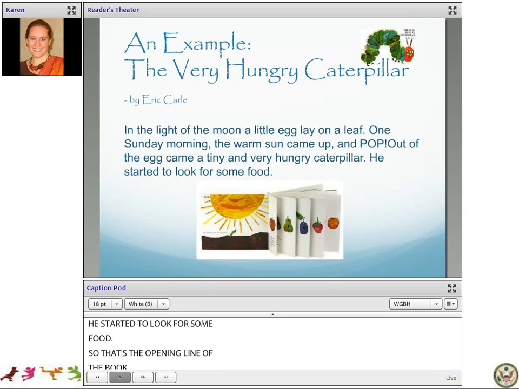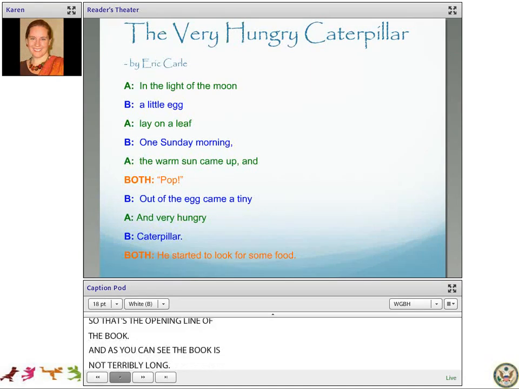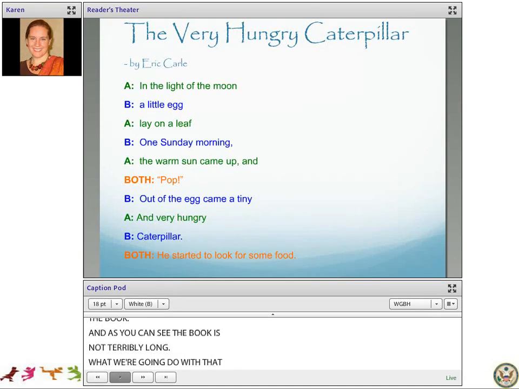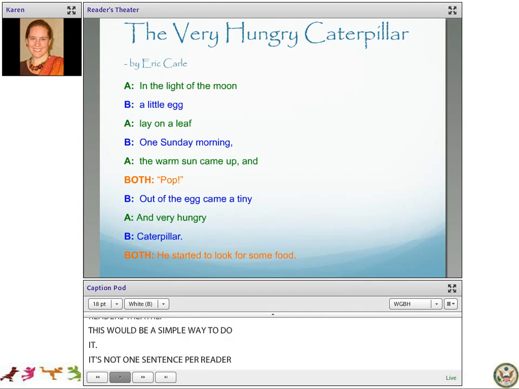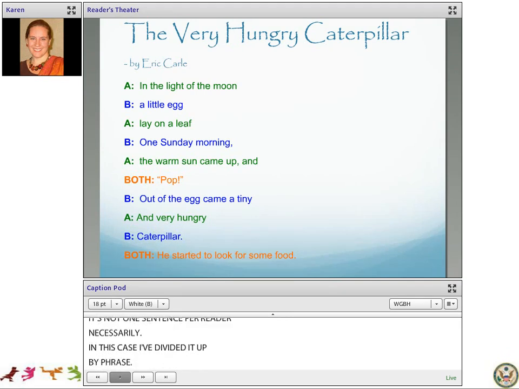What we're going to do with that line is script it out for Reader's Theater. This would be a very simple way to do it. It's not even one sentence per reader necessarily. In this case, I've divided it up by phrase. And so what I'd like to do here, so that you can experience this beyond the visual level, is I'm going to be reader A, and you're going to be reader B. As you can see, reader A is indicated in one color.